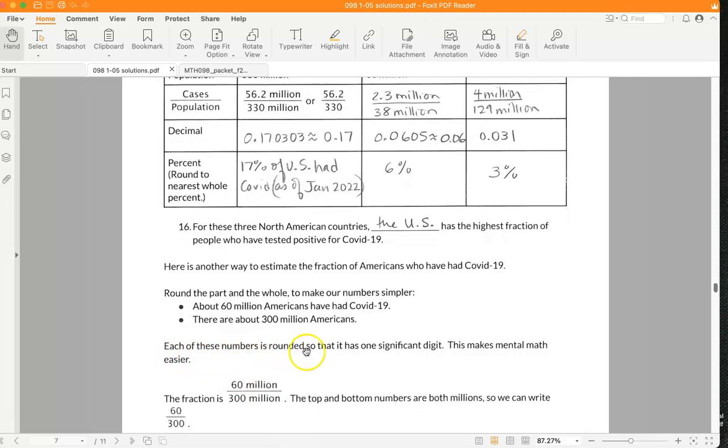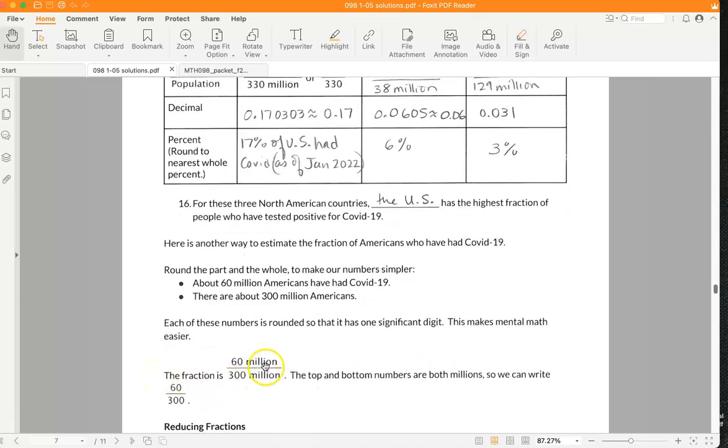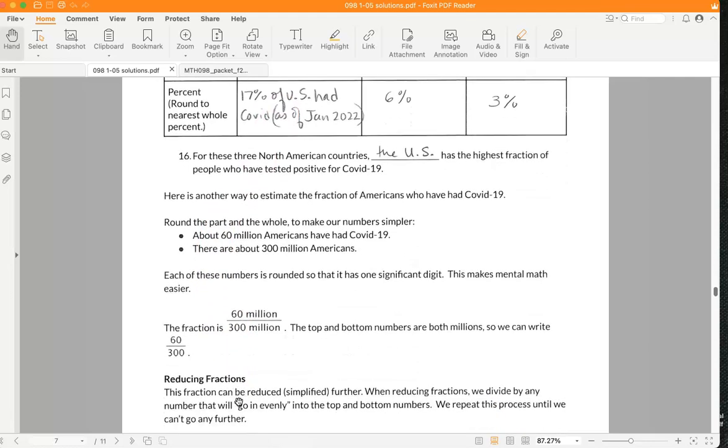Each of these numbers is rounded so that it has one significant digit to make mental math easier. And I can mentally reduce this to 1/5, and I'm going to show you the process for reducing this fraction. But this is not exactly 1/5, but it's an approximate answer.